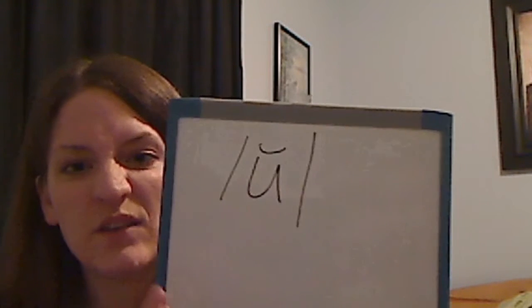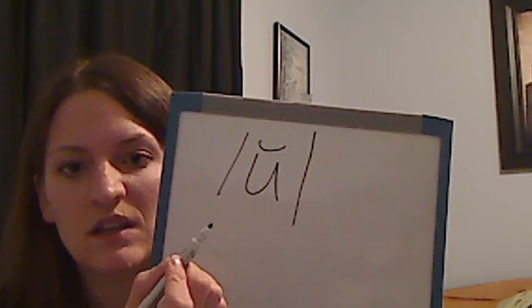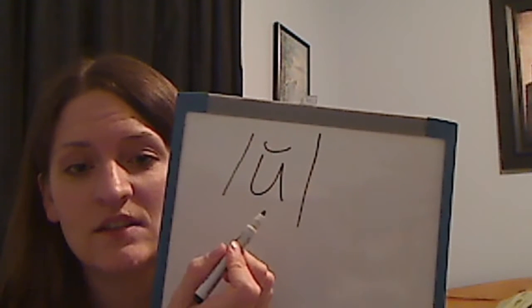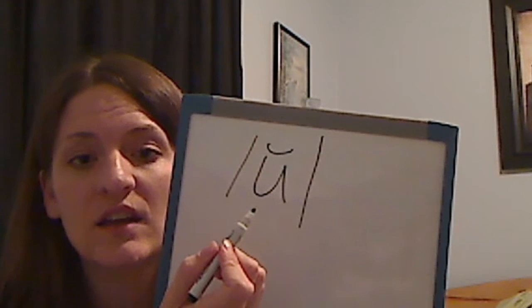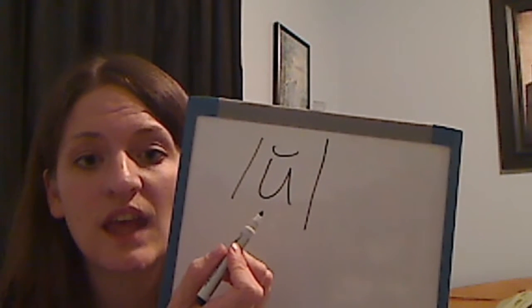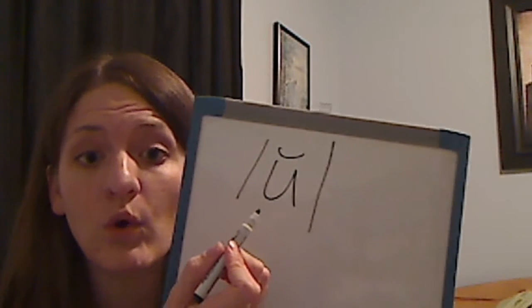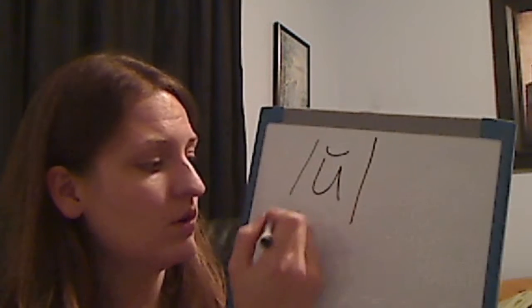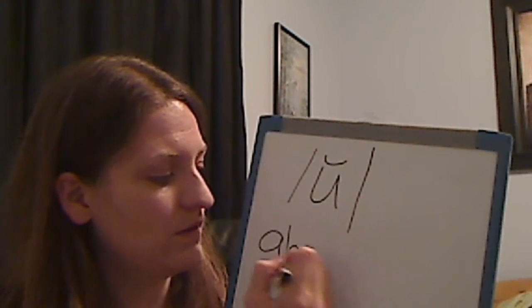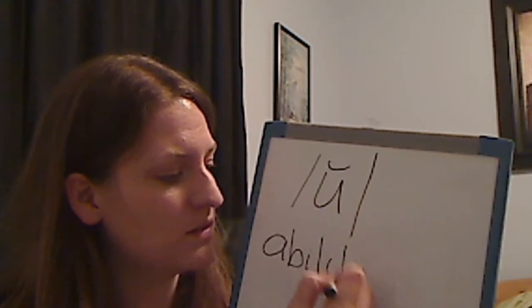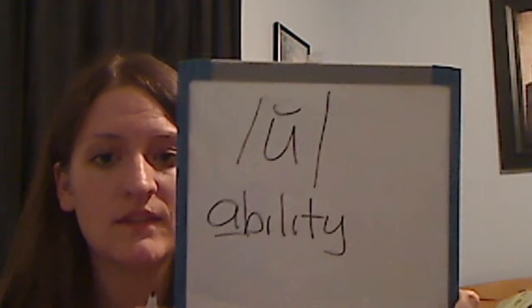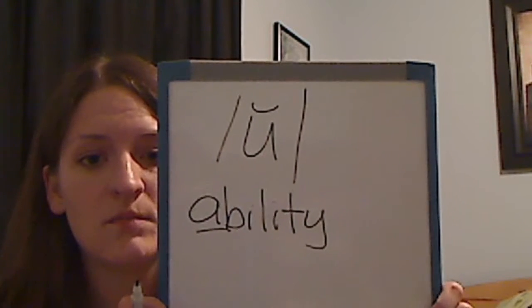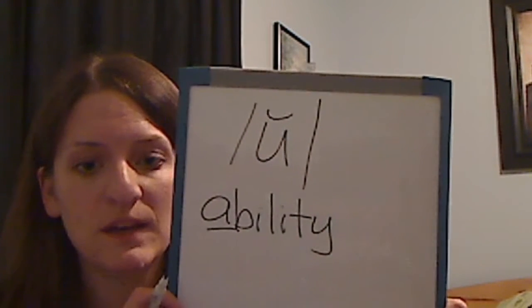Remember these two lines mean sound, and then this is the schwa, and it sounds like uh, at the end of a word, or it could be at the beginning. So an example where it's spelled with an A at the beginning would be in the word ability. That's ability, that's the schwa at the beginning.